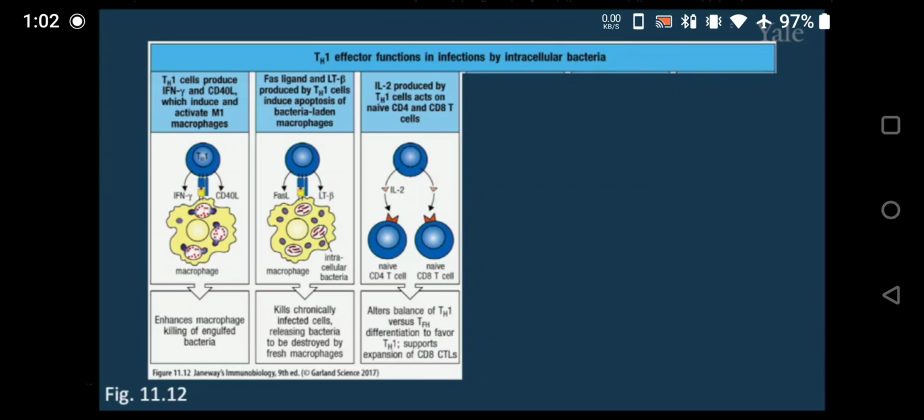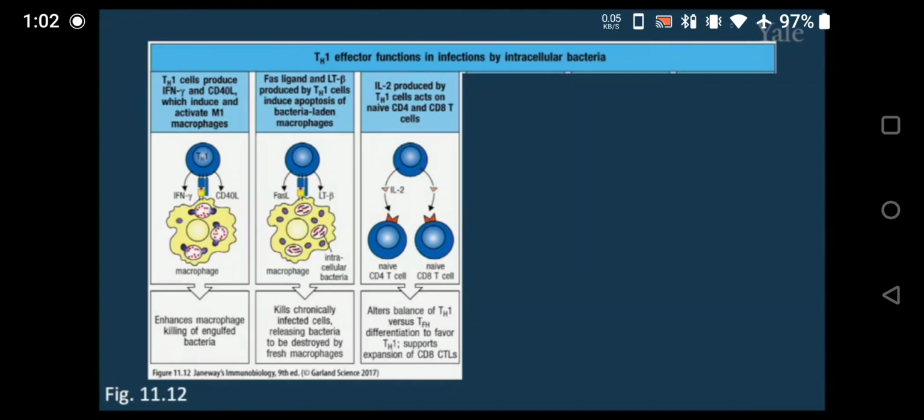Another effector function is the production of IL-2, which you may remember is highly important for inducing the proliferation of CD4 positive T cells and CD8 positive T cells. Together, this can alter the balance of a Th1 versus TFH differentiation to favor the Th1 induction or the type 1 immune response and supports the expansion of CD8 T cells.